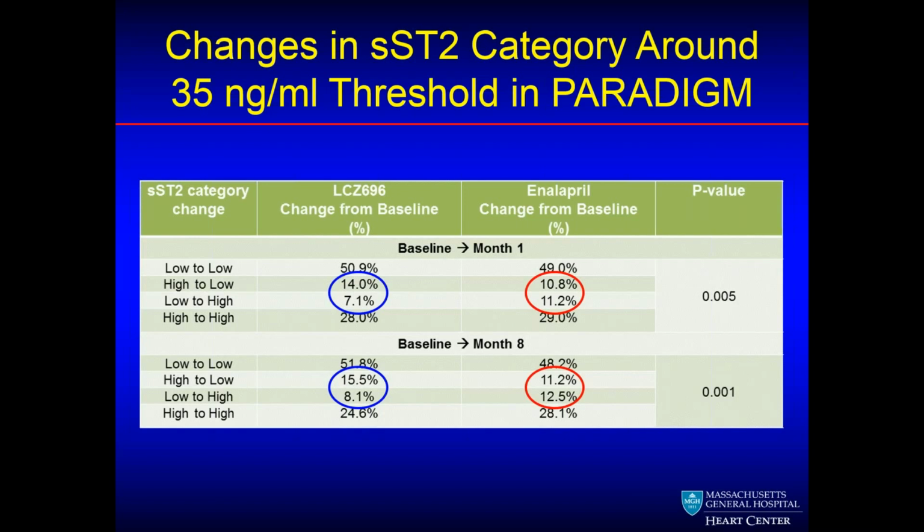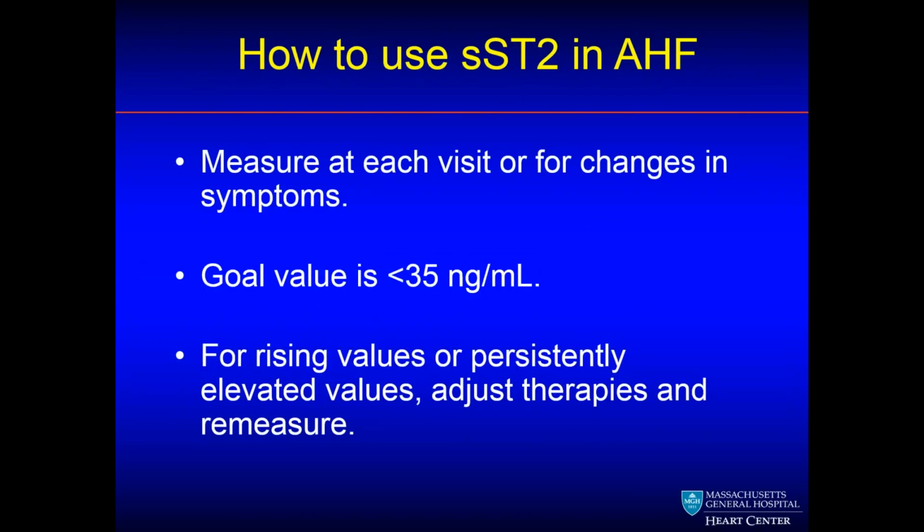Those 2 biomarkers are NT-proBNP and ST2. So importantly, ST2, and this is change around that 35 nanogram per milliliter threshold, really seems to predict benefit from this therapy. So what we do in our heart failure patients, we measure them at each visit. We also will measure them if they have a change in their symptoms.